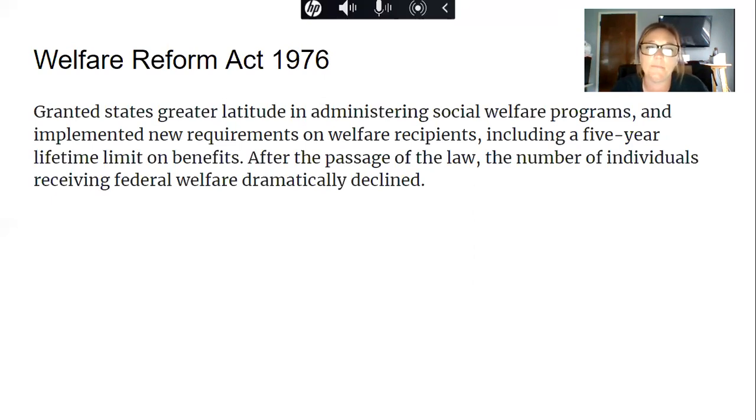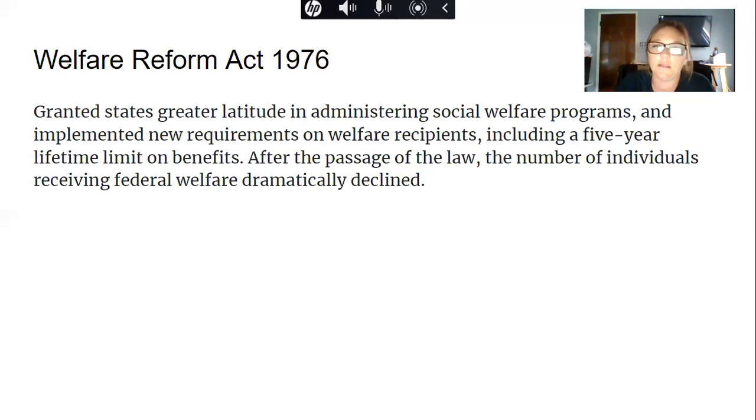So it puts requirements on people who are receiving welfare benefits. It puts almost stricter requirements before you can receive welfare. It included a 5-year lifetime limit on the benefits. So you can only have up to 5 years of welfare benefits as an individual coming from the government.